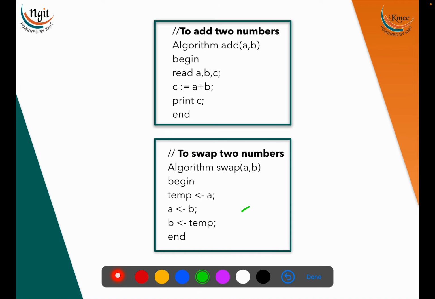Even these are called algorithms. In the previous slide, you might have seen step-by-step process, and here I did not mention the step numbers. Whether I mention them or not, an algorithm can be written in any way, because there is no proper rule to follow in writing an algorithm.